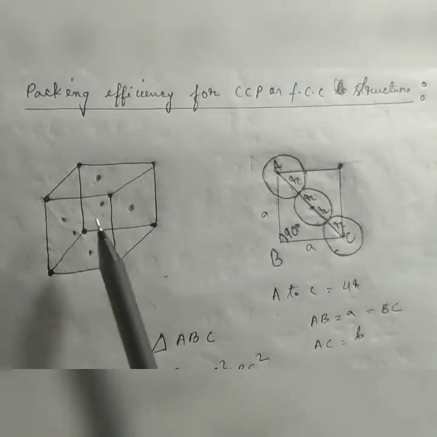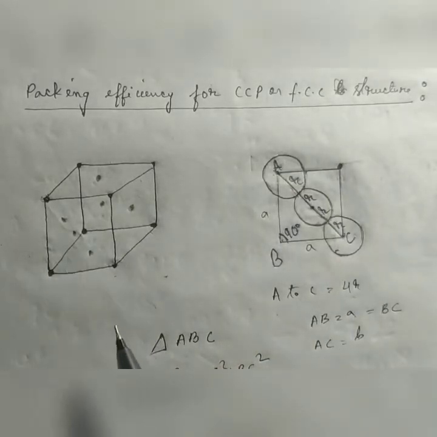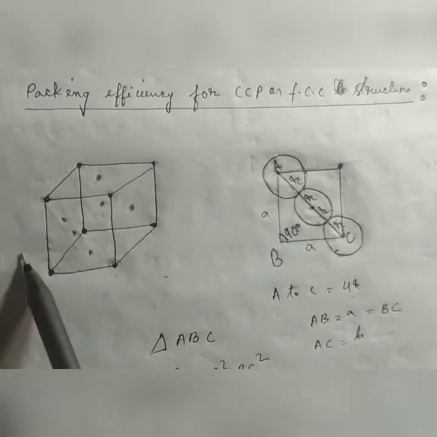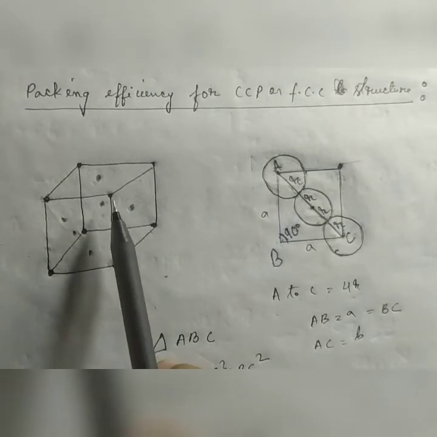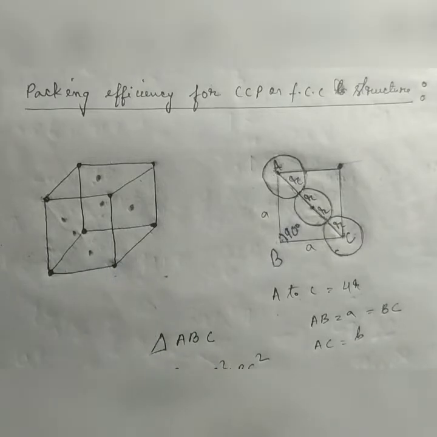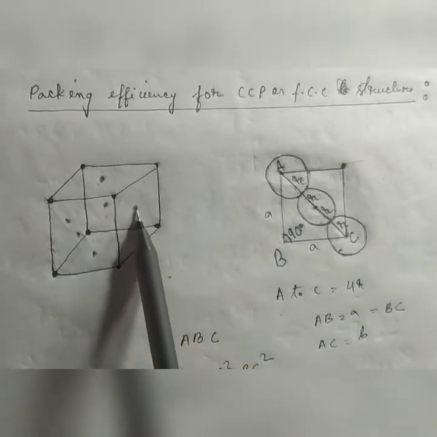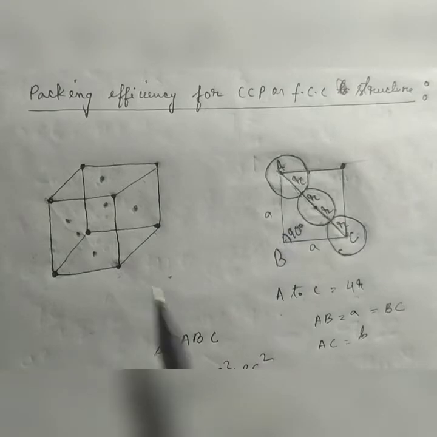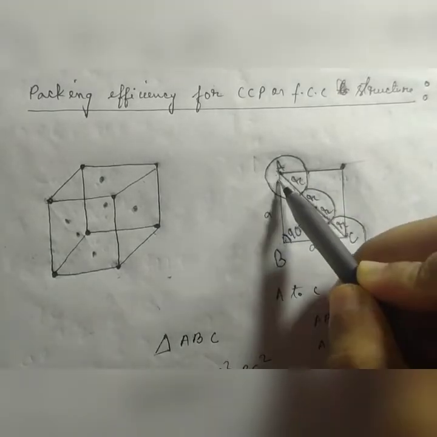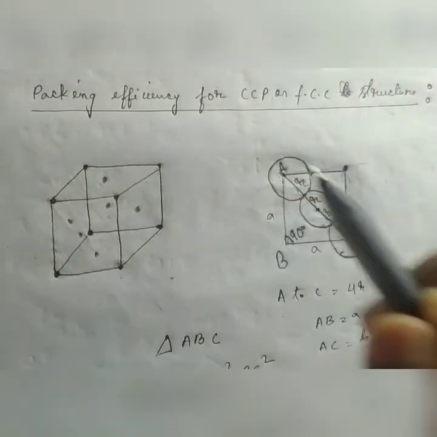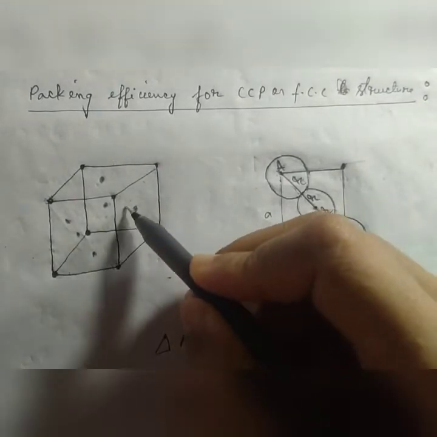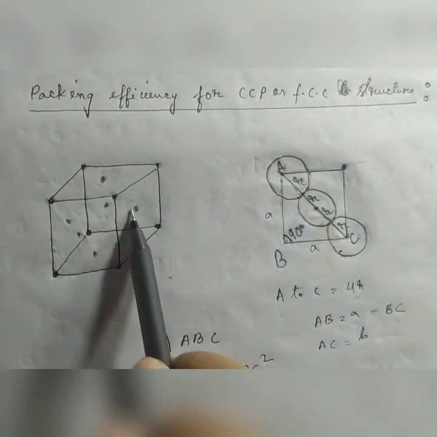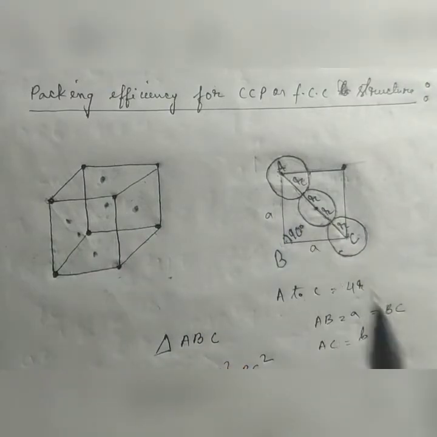For this we have to consider one FCC structure, and we know that in an FCC structure there is an extra atom on each face. Now we have to consider any one face from this structure. Let us consider this face from the FCC structure. This point is this, and the middle sphere is the sphere present at the center of this face.